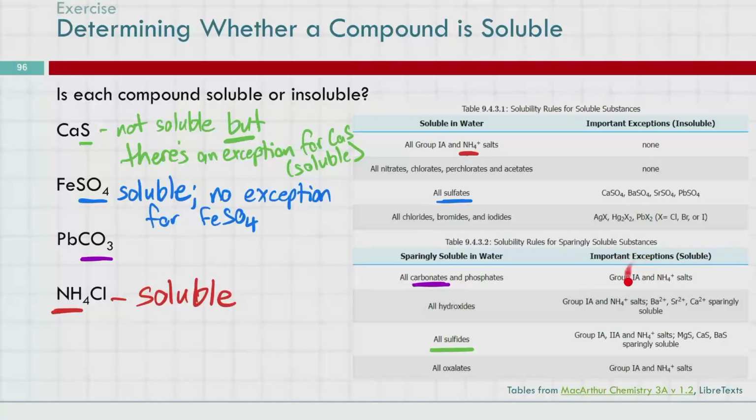We've got an exception for group 1A, which is our alkali metals. That's the far left column of the periodic table. We've got an exception for ammonium salts, because those are always soluble. We don't have either of those. We've got lead instead. So this is insoluble because it's on the insoluble part of the table and there's no exception.